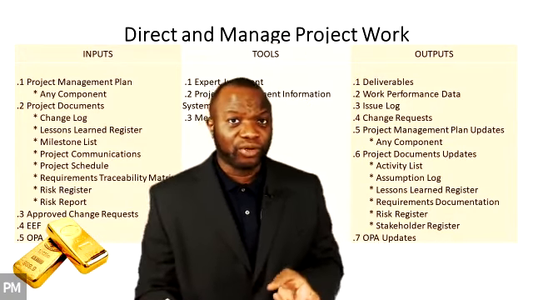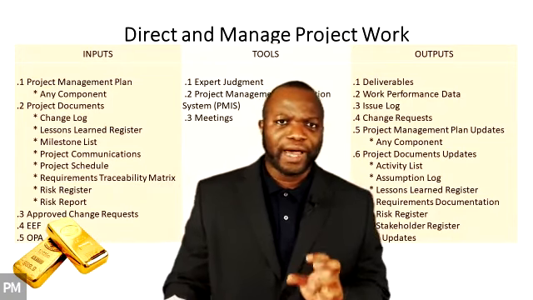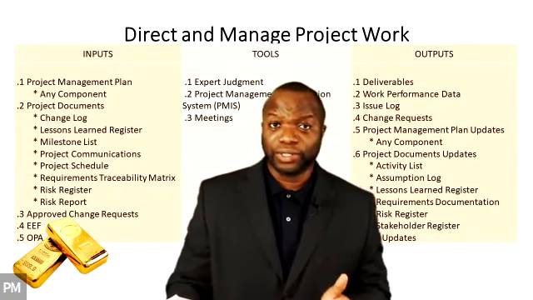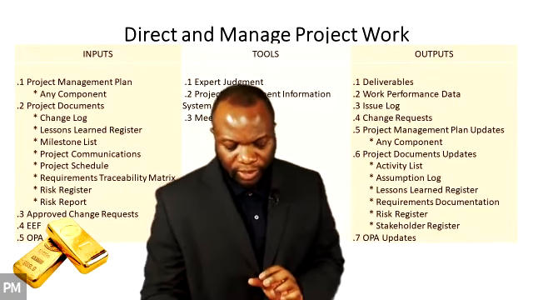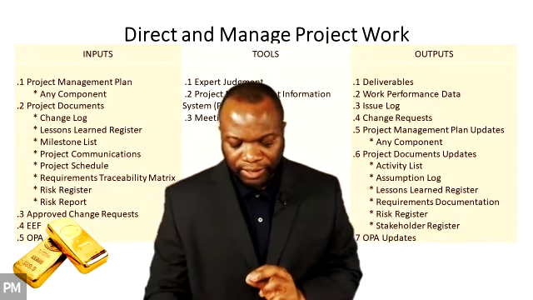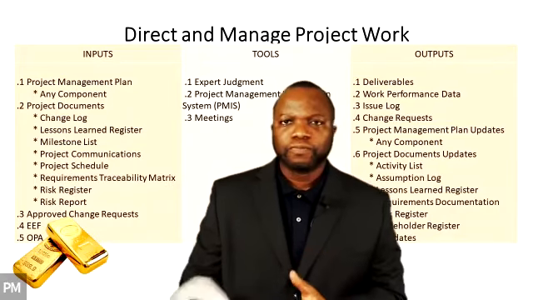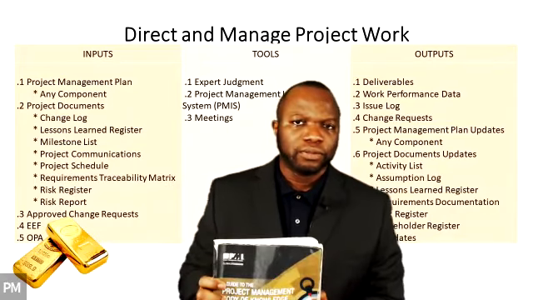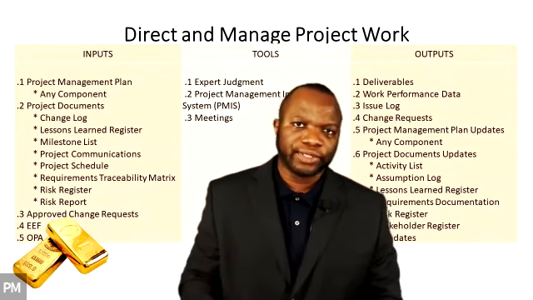That to me was gold zone items. In fact, most of the unique outputs and inputs, they're gold zone items. All right, last but not least, organizational process assets. It says any OPAs can be updated as a result of this process. That's it, my friends, for this process.